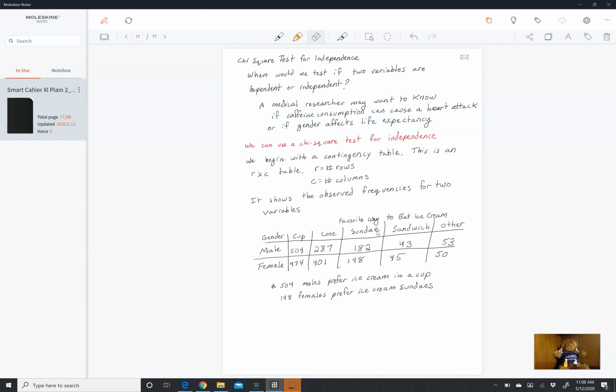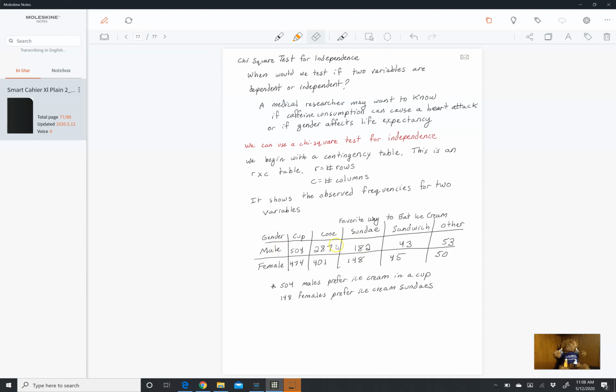Okay, so each of these are frequencies. These are called joint frequencies, okay, because they're joining the two variables together.